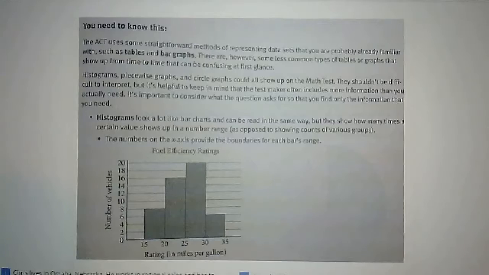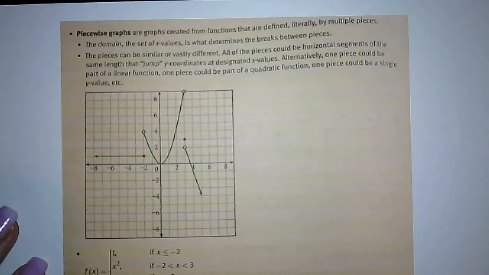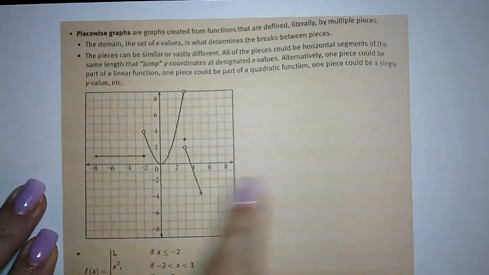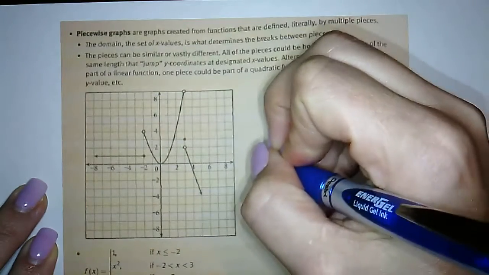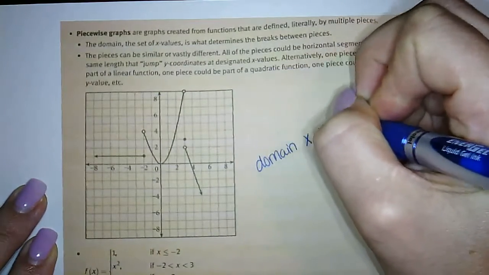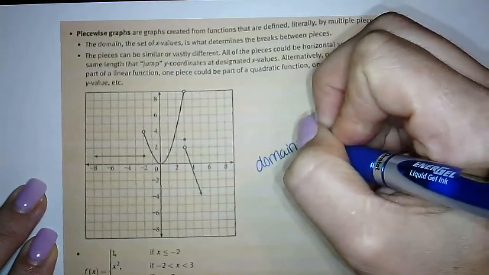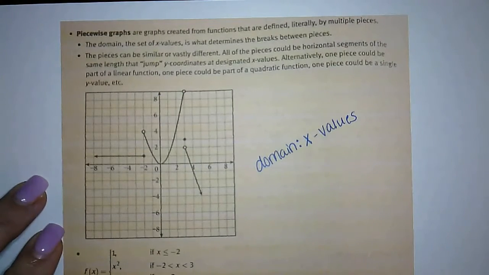Next thing is a piecewise function or piecewise graph. And so the domain is your set of x values. So this is going back to your algebra and algebra 2. So your domain is always your x values. And piecewise can be similar or vastly different.